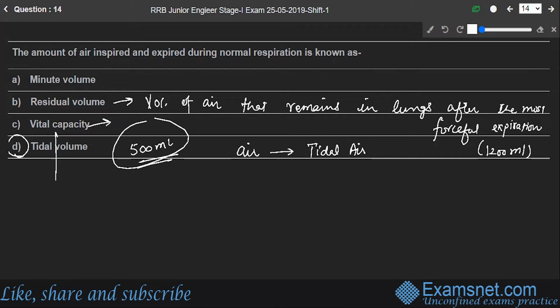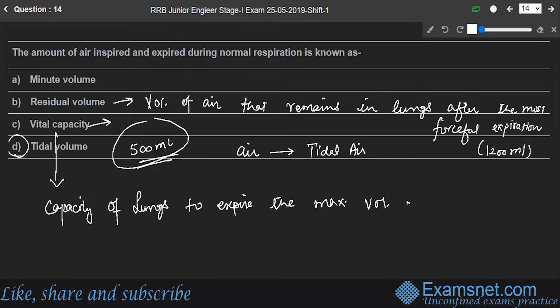And vital capacity is the capacity of the lungs to expire the maximum volume of air after a deep inspiration.